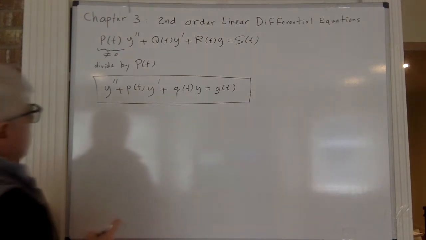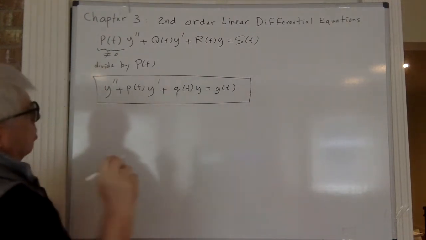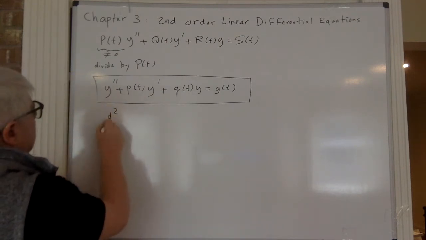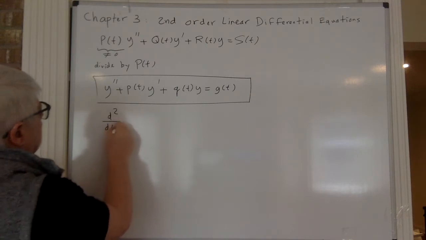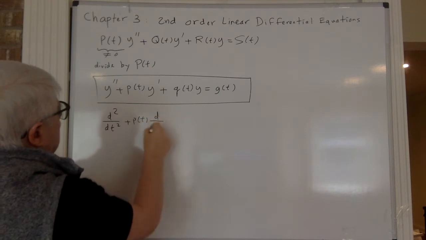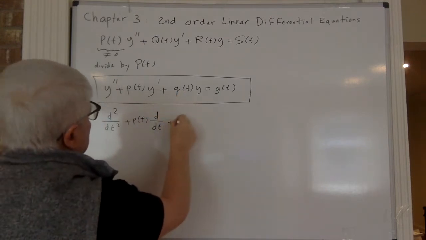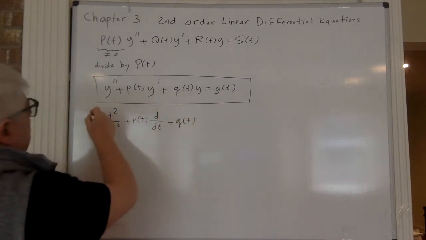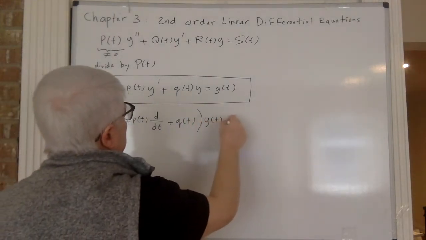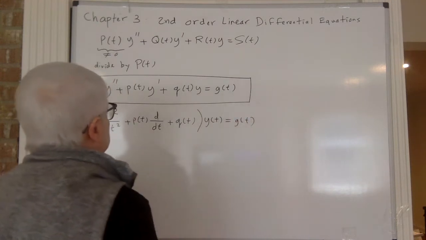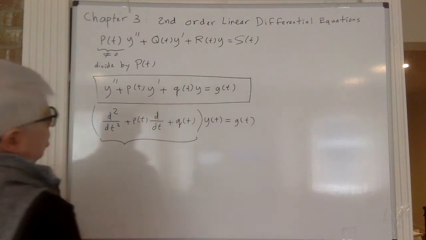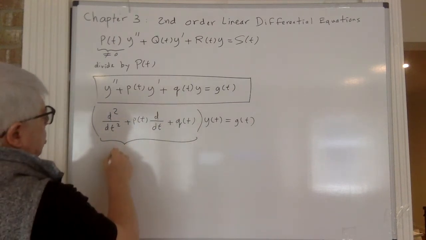So let me write this in operator format. So this one is d squared dt squared. This one is p(t) d dt, and this one is simply q(t) times 1. And this applied to y(t) gives me g. So this is a linear operator.